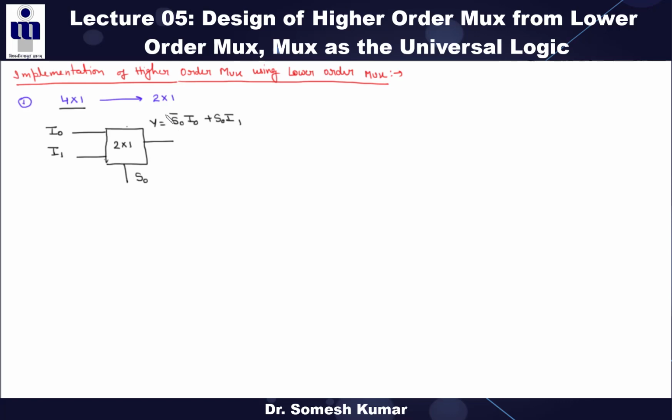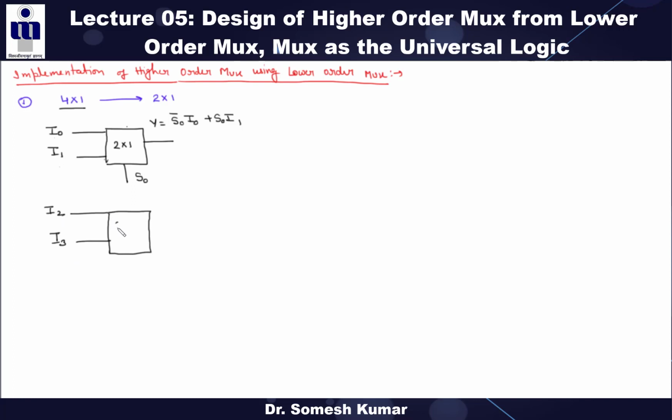In the 2:1 mux there are 2 inputs, while in the 4:1 mux there are 4 inputs. So more than one is needed. We can take one more 2:1 mux and give it I2 and I3. So now it is clear that this consists of the 4 inputs, I0, I1, I2, I3.